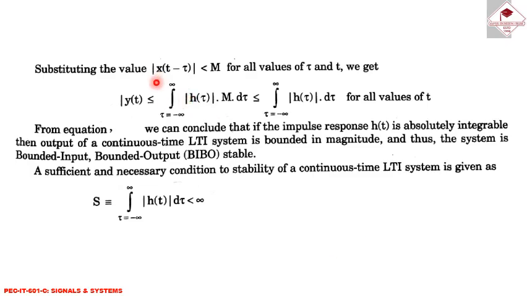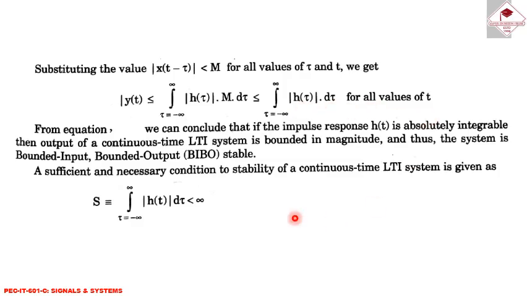Substituting the magnitude of x(t minus tau) less than M for all values of tau and t, we obtain the magnitude of y(t) less than or equal to the integral from minus infinity to plus infinity of the magnitude of h(tau) times M d tau, which is M times the integral of the magnitude of h(tau) d tau for all values of t.